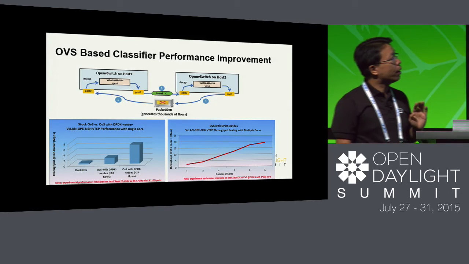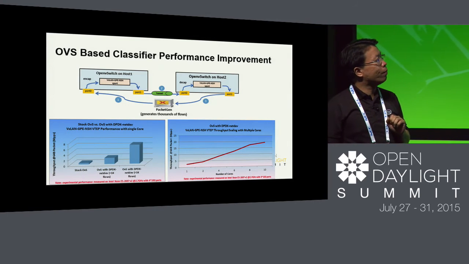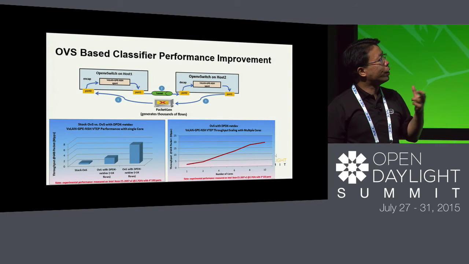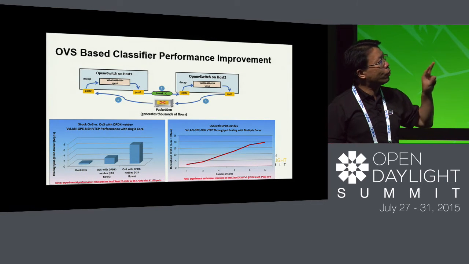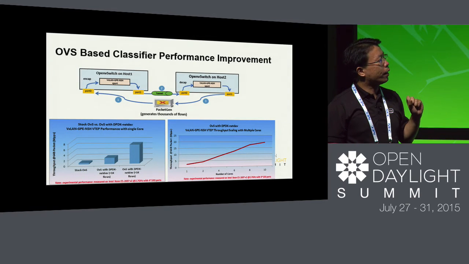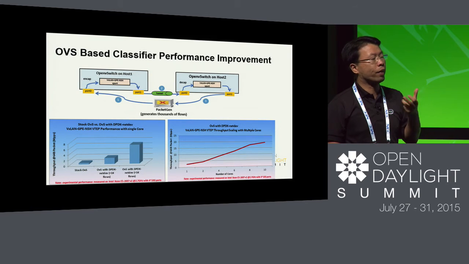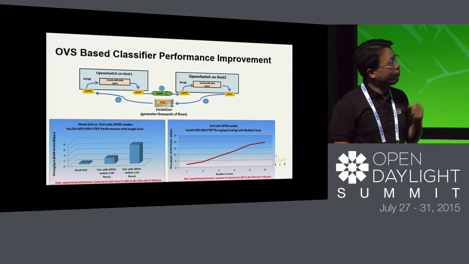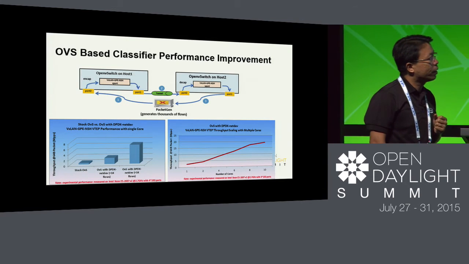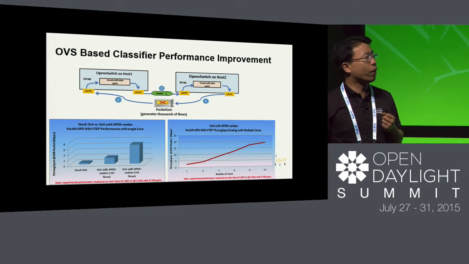So we actually did some performance measurement to enable OVS as a service function classifier. On the top is the setup. Basically, we have two servers running service function, interconnected via a 10 gig or 40 gig switch. And we have a packet generator which generates thousands of raw flows.